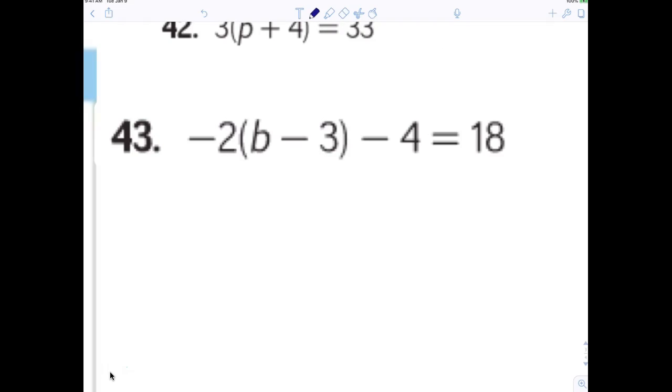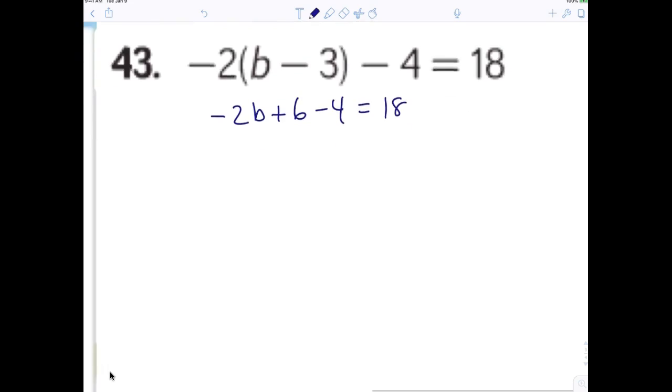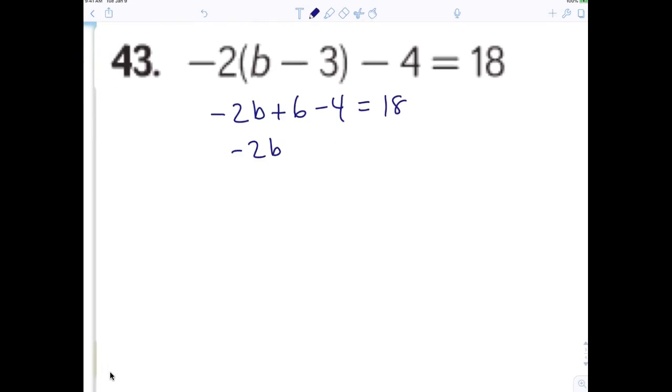When I distribute the negative 2, we end up with negative 2b plus 6 minus 4 equals 18. Everybody happy with that? Now what's 6 minus 4? So now we have negative 2b plus 2 equals 18.